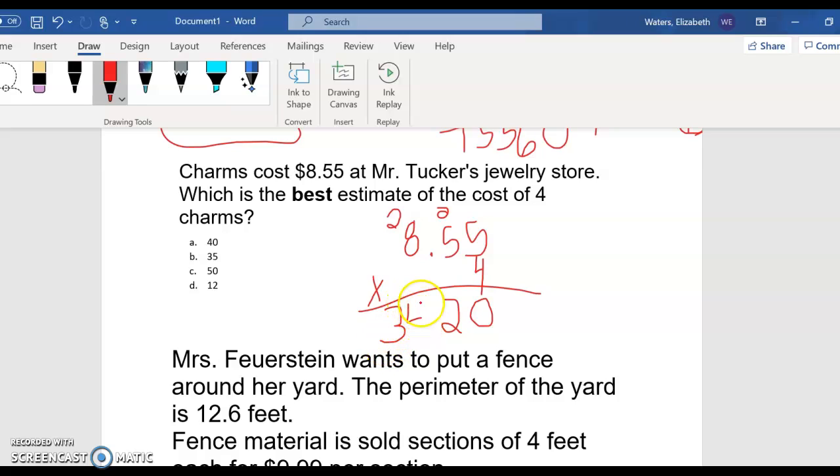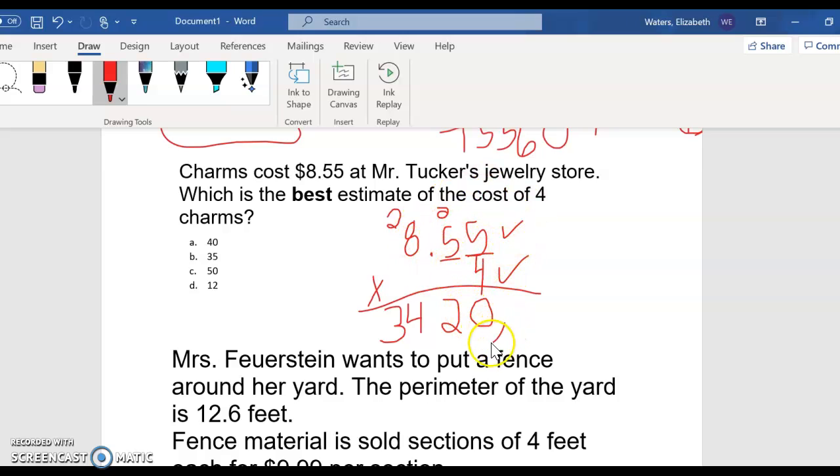Now we have this number, and we need to determine where the decimal goes. Remember, the rule when you multiply decimals is you go back to the original problem, so this number, and count how many numbers are to the right of the decimal. This one has 1, 2. This one has none. So that's a total of 2.